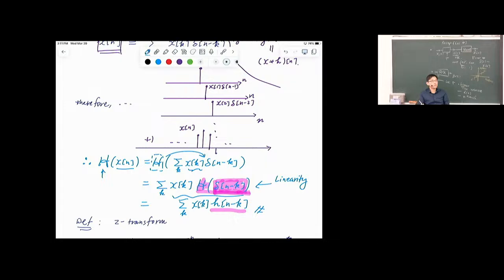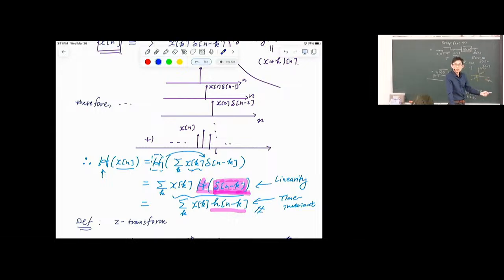So in two steps, we have checked that because of linearity and time invariance, and because of the way we define the impulse response as the response to the delta function, we conclude that we now know how to predict the output given any input.